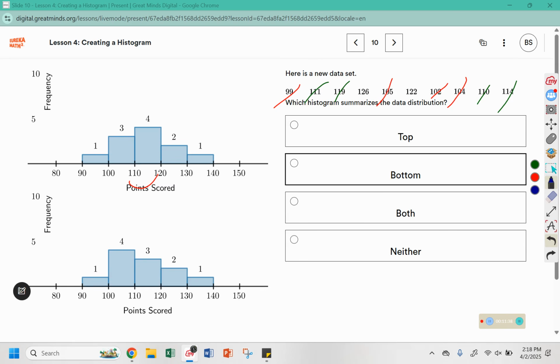And then we have 2 from 120 to 130. And then it says 1 from 130 to 140. But I'm not seeing any that are between 130 and 140. So neither of these represent this data distribution because there aren't any between 130 and 140.